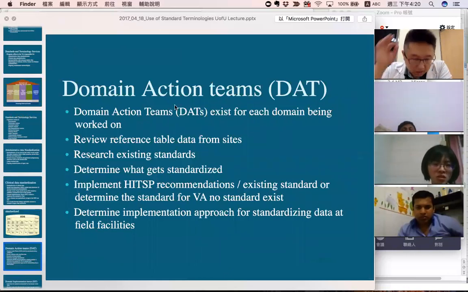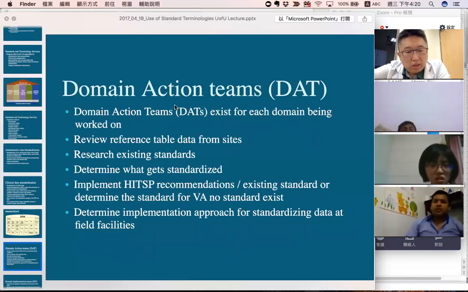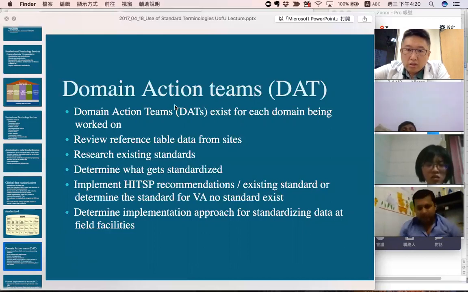I think the following slide is a good example of something the health system does not cover. The health system only talks about the system itself, but they don't discuss how you create a system or how you plan a system.